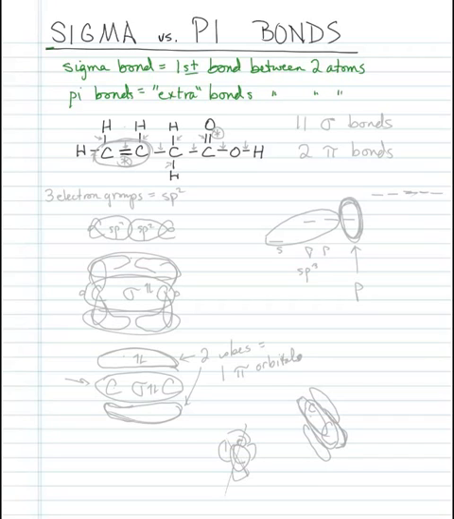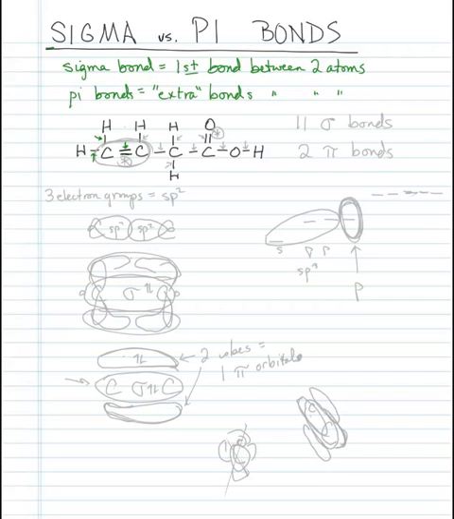Okay, so let's look at this molecule that I already put on here. And I'm going to point out all the sigma bonds. So we have 1 sigma bond, 2 sigma bonds, 3. Remember, the first one between these two carbons will be a sigma bond.